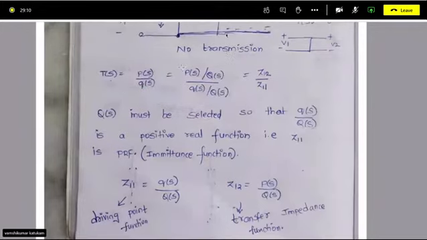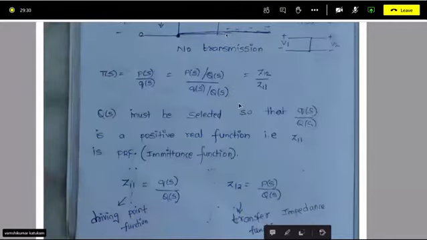We are dividing both numerator and denominator with a function Q of S, capital Q of S. And this T of S is also equal to Z12 upon Z11. So now we are dividing with capital Q of S.